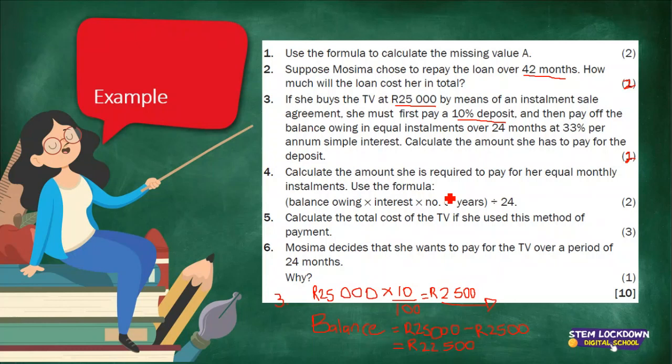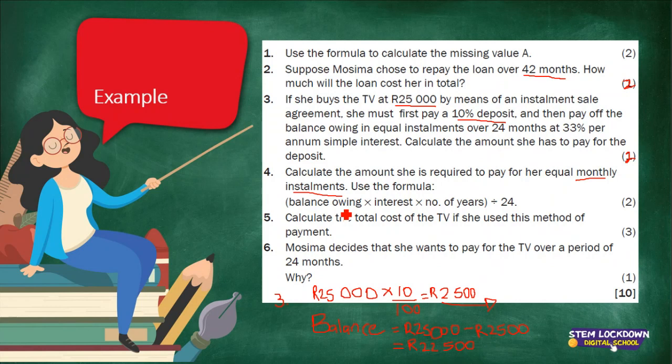All you do, I need you to substitute your values into this formula to get your monthly installment. Okay, what is my interest? What is the number of years? I'll give you 30 seconds to do this one.